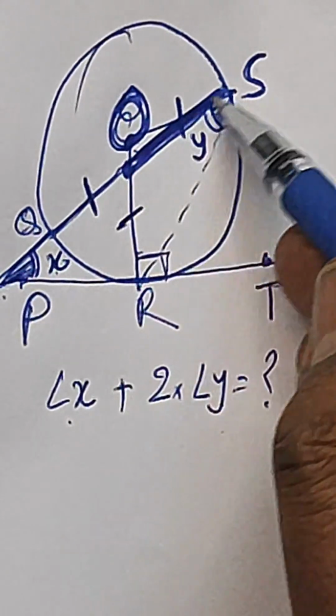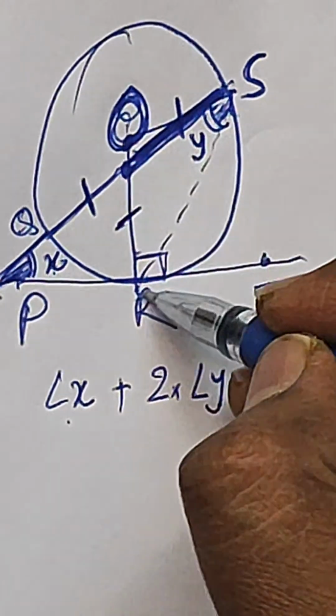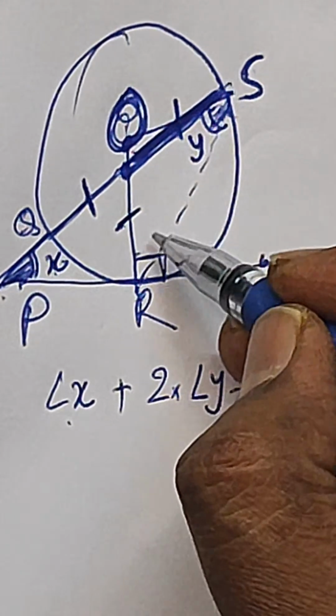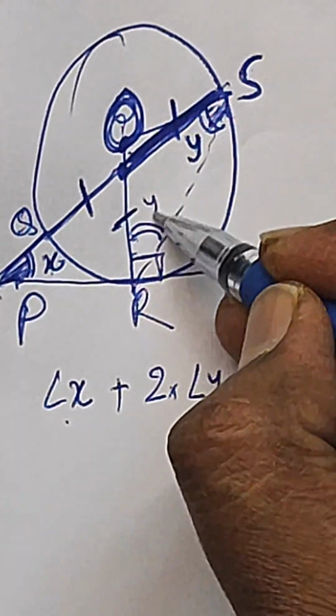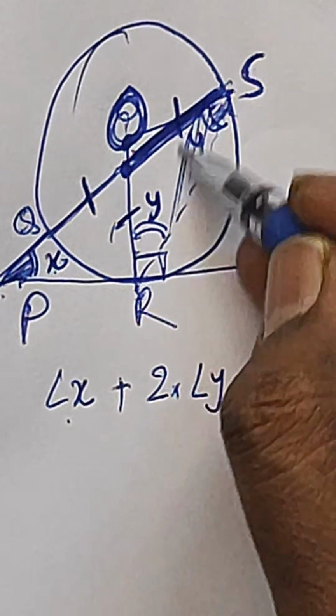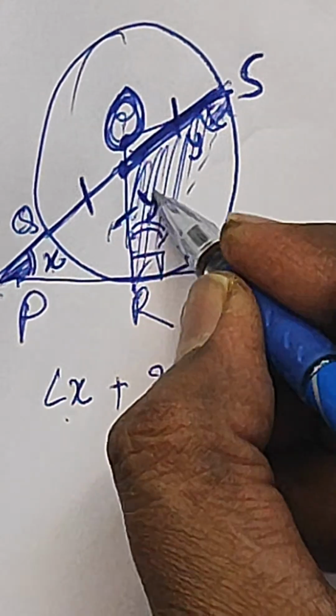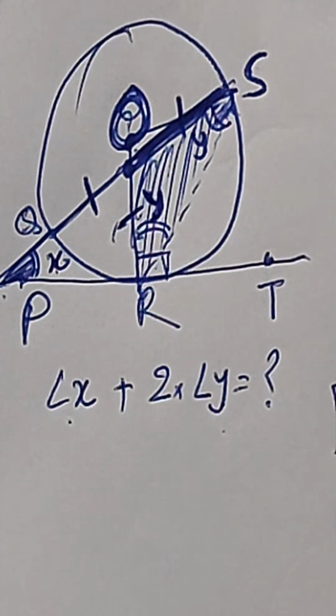So my dear friends, since OS and OR are the radius, in this triangle ORS, if this angle is Y, then this angle will also be equal to Y, isn't it? Angles opposite to the equal sides of a triangle are equal, if we consider this triangle. So definitely this will also be equal to Y. Perfectly fine.